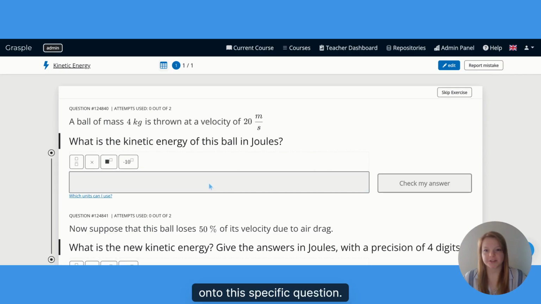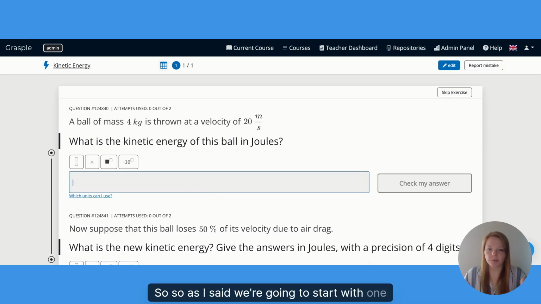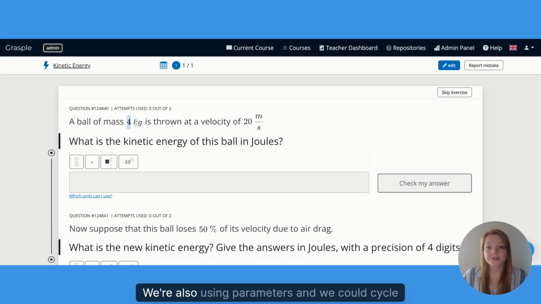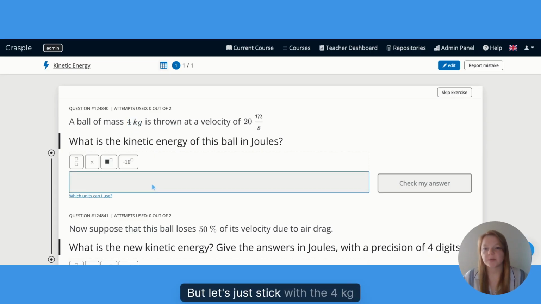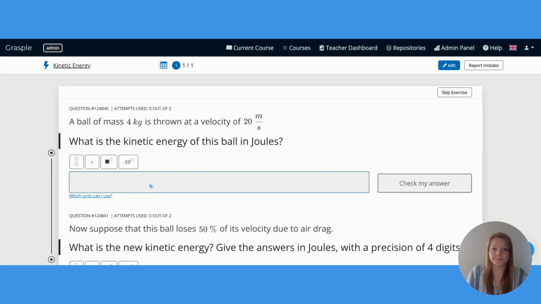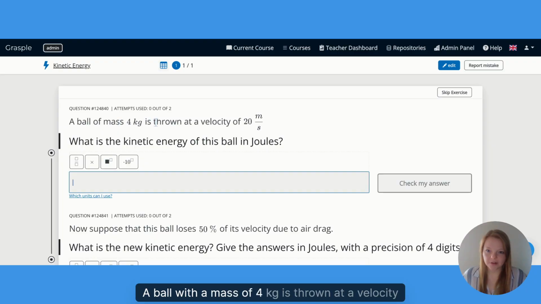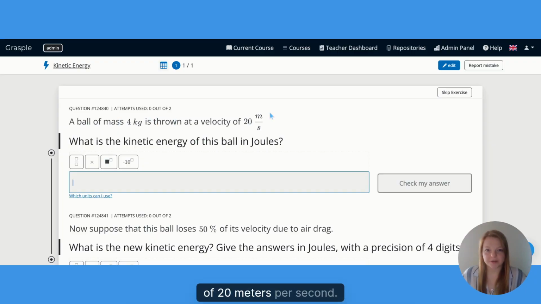On to this specific question. So as I said, we're going to start with one calculation that's then going to inform the second calculation. Here we're also using parameters, and we could cycle through another set, a different value if we wanted, but let's just stick with the 4 kilograms for now. A ball with a mass of 4 kilograms is thrown at a velocity of 20 meters per second.